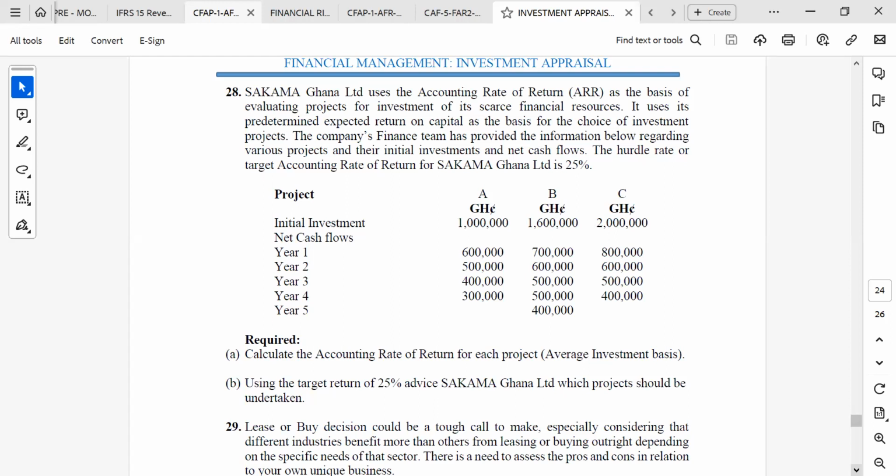Take note of this. What's the figure given to you over here? What are the figures given to you for each year? Net cash flows. Okay, but the accounting rate of return, what do we use? Profit after depreciation. Okay, so the net cash flows, are they taking the depreciation out of it?